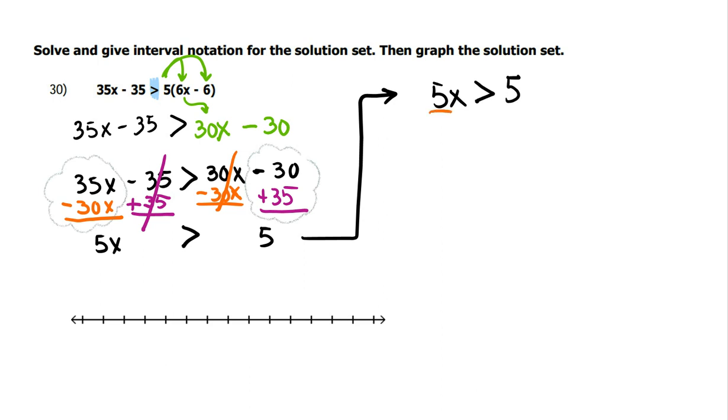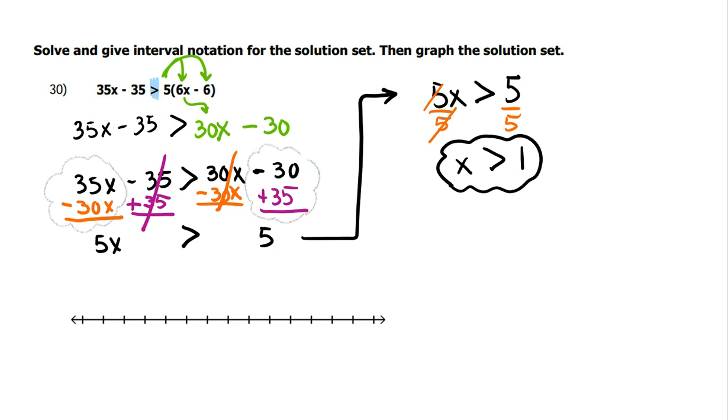And then all I have to do is divide both sides by 5. The 5's cancel. You're left with x. I did not divide by a negative number, so I do not reverse the sign. So it's still a greater than. And then 5 divided by 5 is 1. So this is my answer as an inequality.